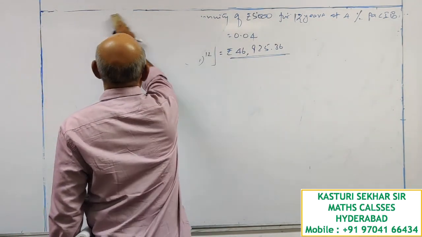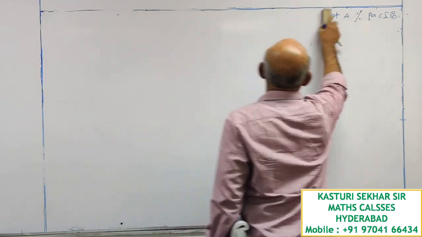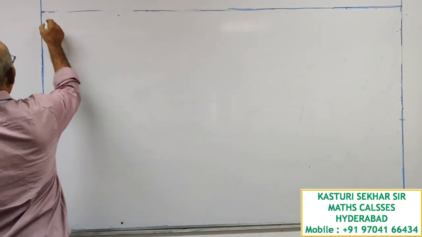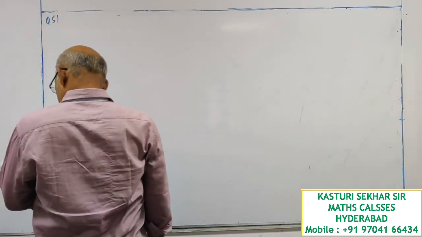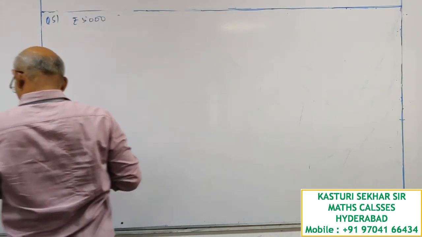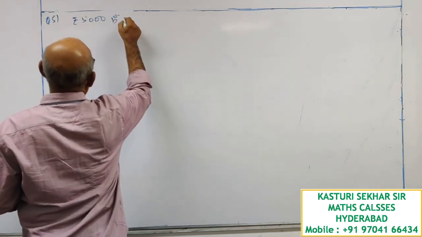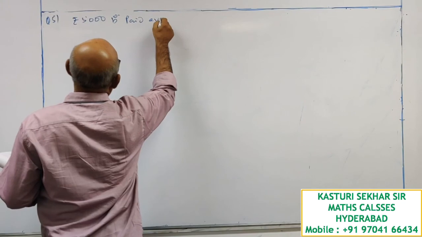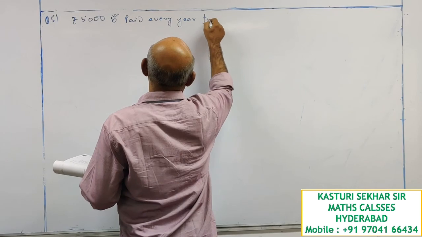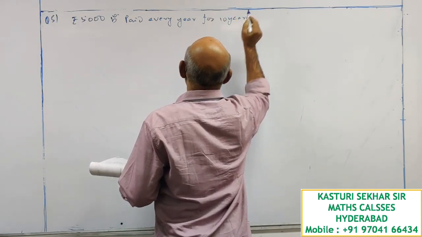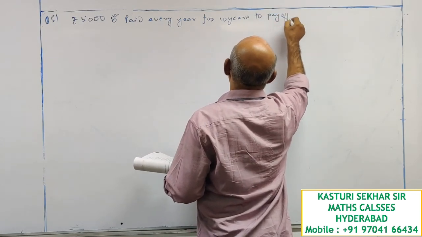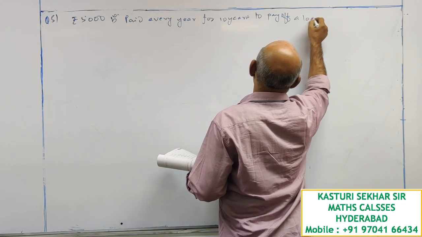Let us see the next question. Question number 5. Rupees 5,000 is paid every year for 10 years to pay off a loan.